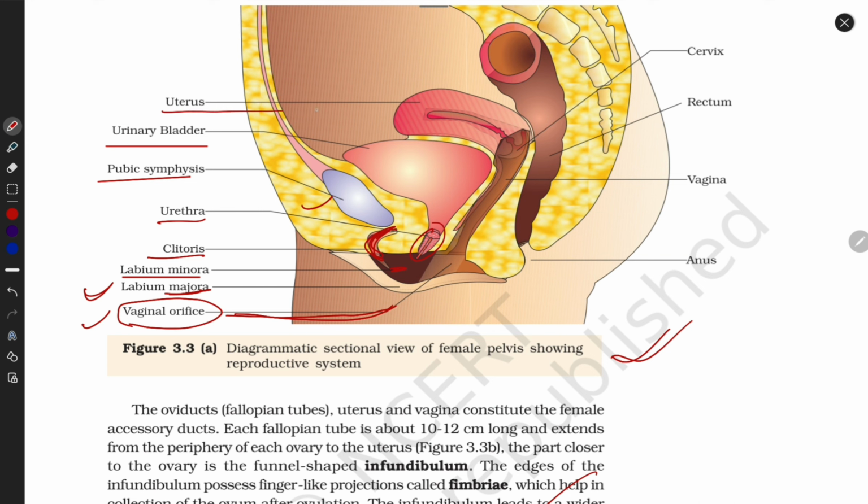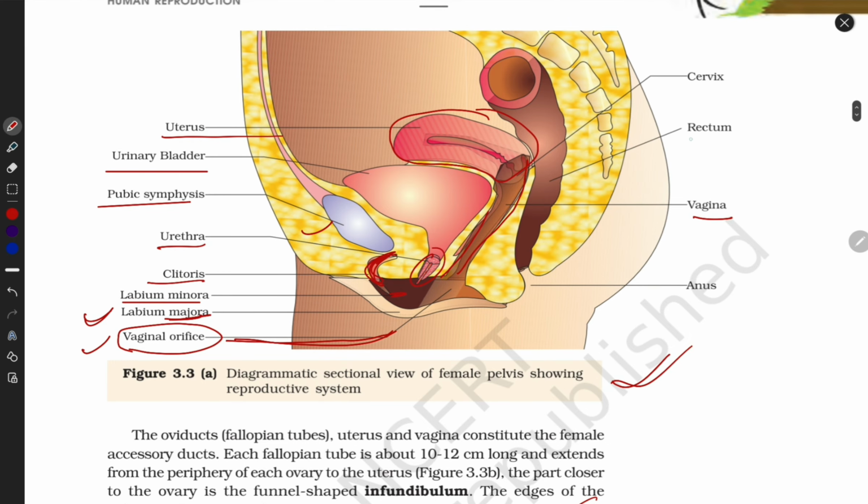Urinary bladder, uterus, this part is the uterus. This long part is the vagina, then the rectum. Cervix, the junction between cervix and uterus. Anus, this opening is the anus. You can take a visual.